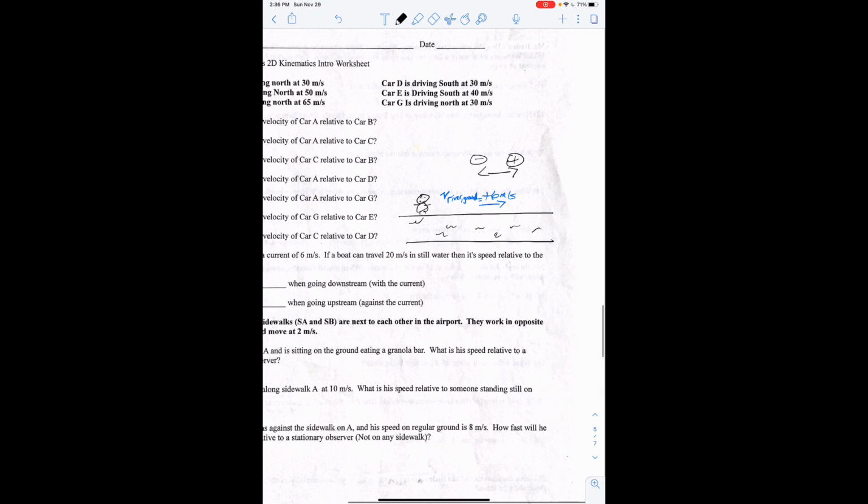So if the boat is traveling at a speed relative to the water, right? What we're saying is the velocity of the boat, I'm trying to think of how best to say this. The velocity of the boat relative to the water, so V boat water, is equal to 20 meters per second.